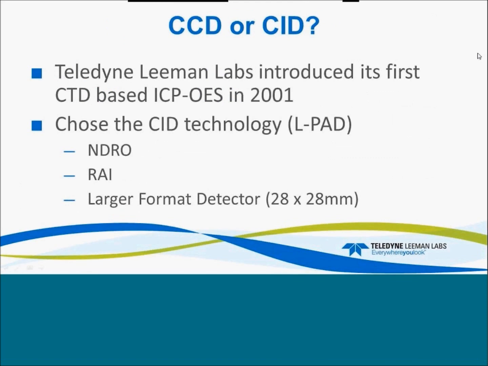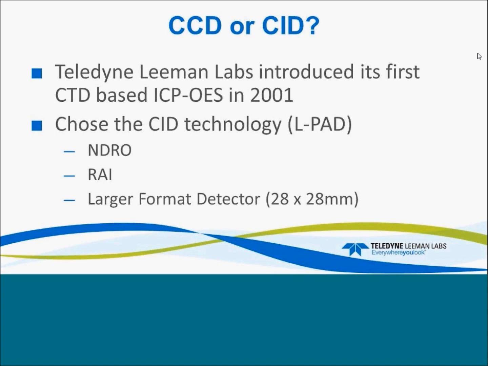Okay. So CID or CCD, Teledyne Leeman Labs, we introduced our first charge transfer device based ICP in about 2001. We chose to go with the CID technology, and that was called our LPAD, which was Large Programmable Array Detector.